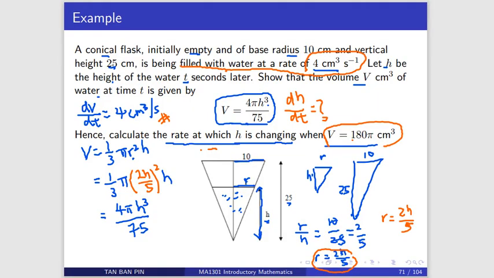So V is 180 pi, which means you should equate 4 pi h cubed over 75 to 180 pi, and then solve for h.